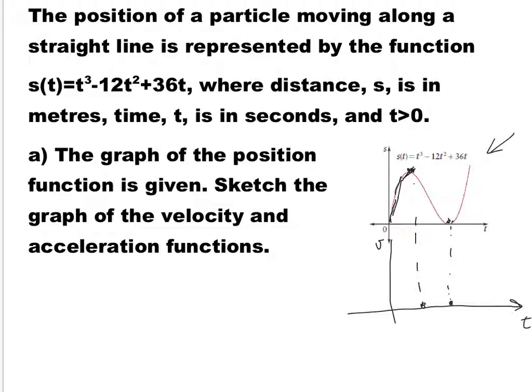So it's going to be something like this. Now, if we look at the part of the graph from here to here, you can see that the tangent has a negative slope. So it corresponds to negative values of the velocity graph, and the negative values are all going to be under the t axis.